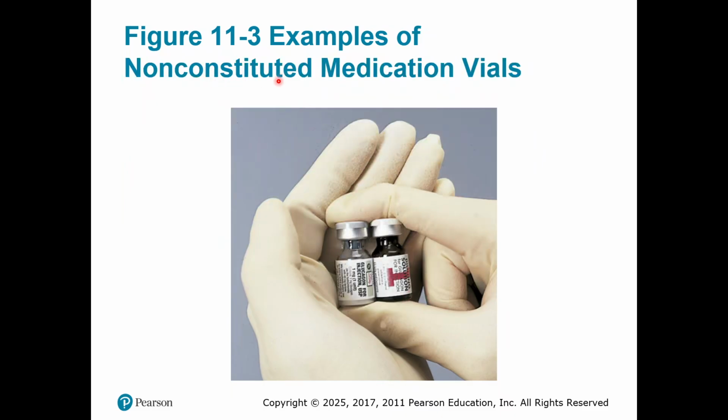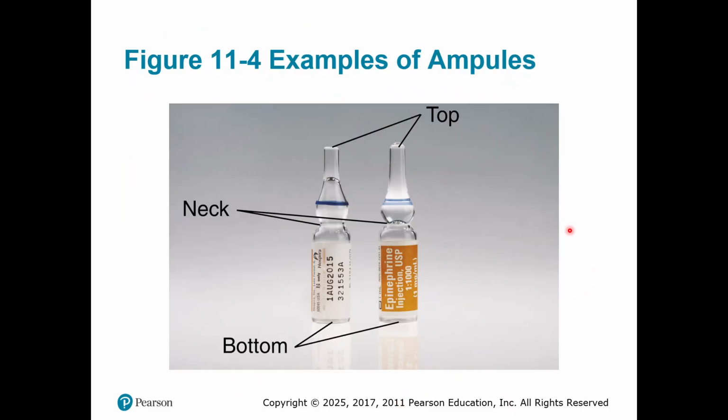Here is a vial. This is considered a vial. This is a glucagon vial. And this is an ampule. The ampule is designed to break right here at that blue line. And then you take a syringe with either a needleless or needle and draw up the medication.